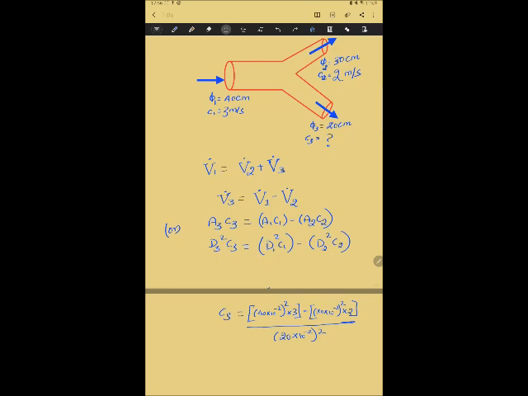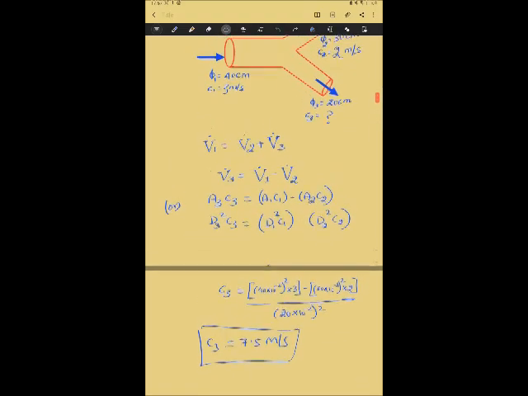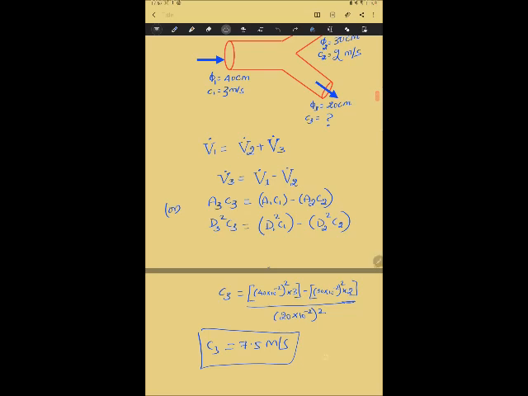So D1 square C1 becomes 40 into 10 power minus 2, because it's in centimeter, I'm converting it into meter, square, times the velocity is 3, minus D2 is 30 centimeters, so 30 into 10 power minus 2 meters square times 2, and then divided by D3, the diameter 3, which is 20 into 10 power minus 2 square. So if I put it in the calculator, I get the velocity to be 7.5 meters per second.